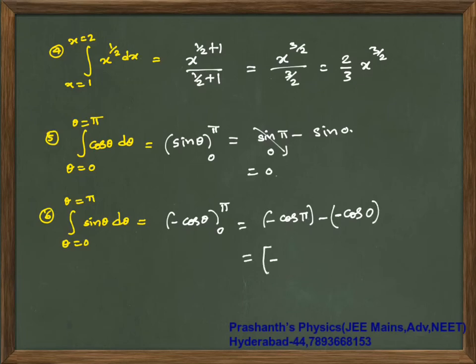So cos 180 is minus 1, cos pi is minus 1, minus of minus is plus 1, so finally you will get 1 plus 1, that is 2. Here cos 180 is minus 1. So like this, we will get finite values.